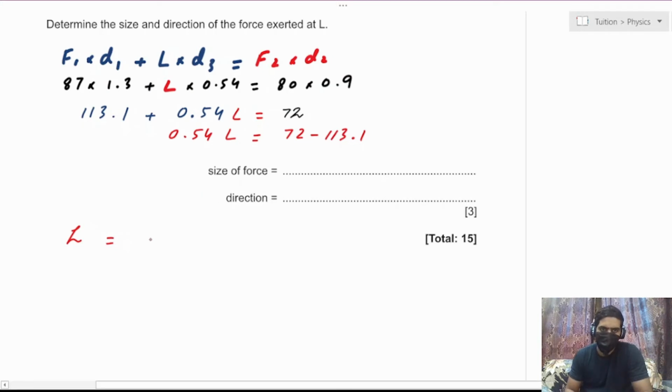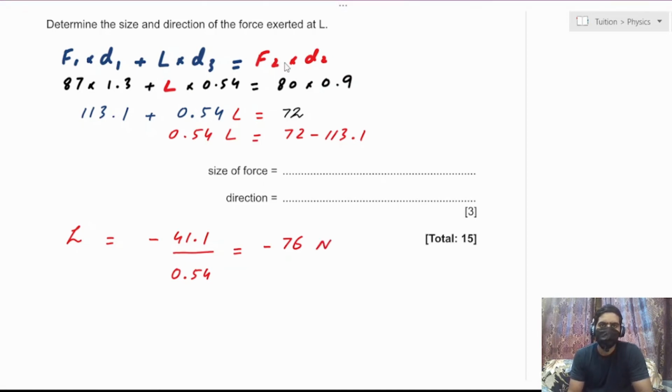It is negative 41.1 divided by 0.54. We get 76. Two significant figures, we get 76 with the negative sign, that many newtons.